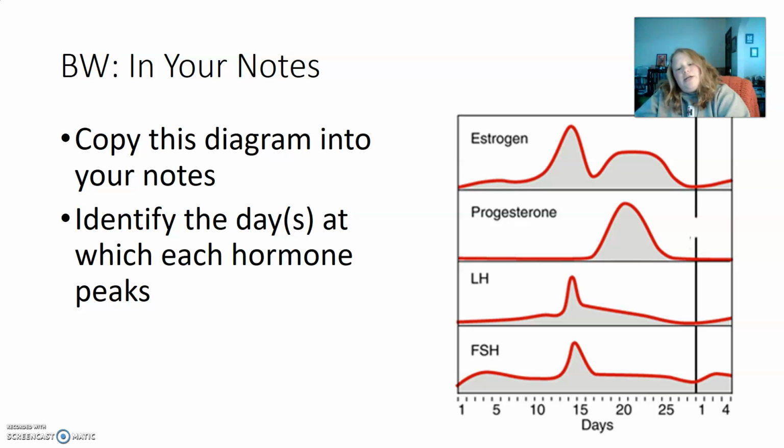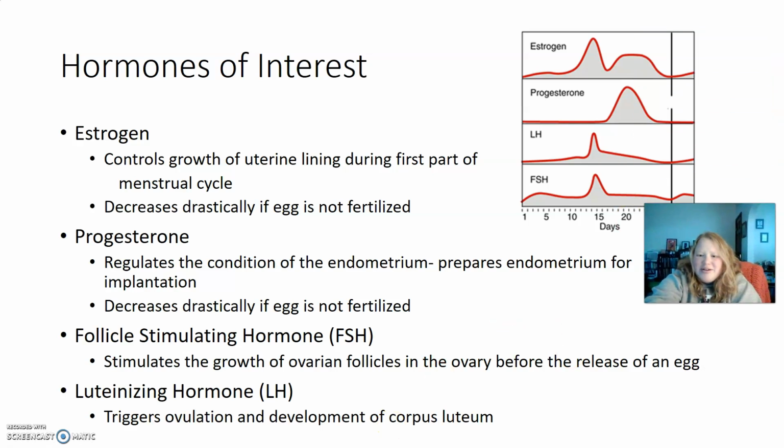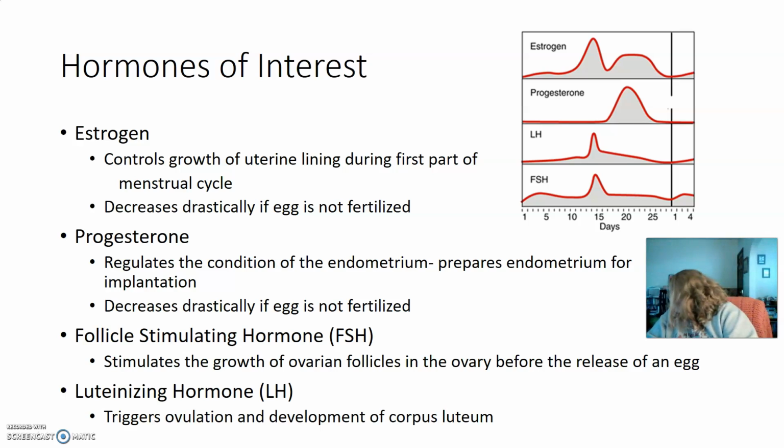Your luteinizing hormone and follicle stimulating hormone both peak around day 15 of your cycle. We're going to talk about all those hormones.